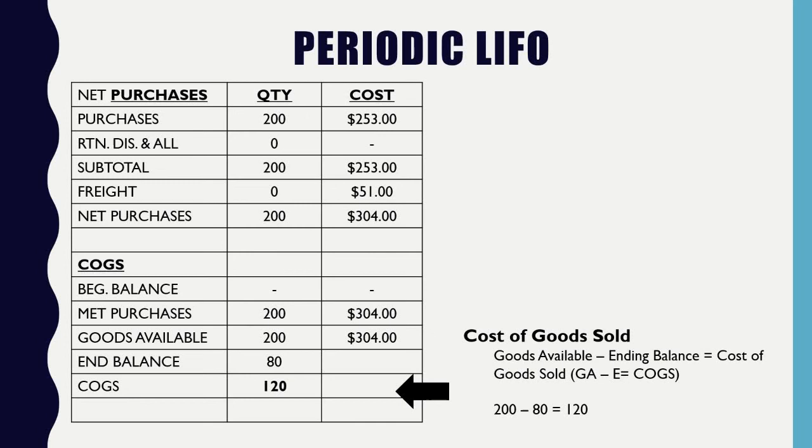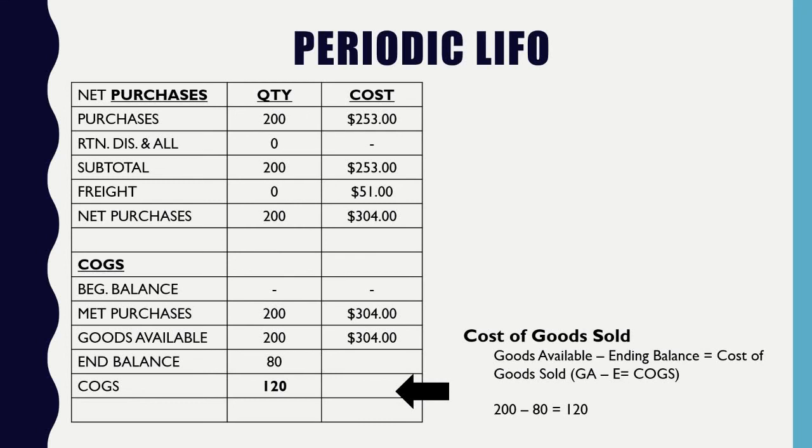Then you'll eventually reflect it in here, whether it's a repurchase, returns or a discount, okay? So it's very important that you do keep a track record of that. But at the end of the day, our assumption is this is what we started out with, this is what we have now, so we must have sold a total of 120 units.